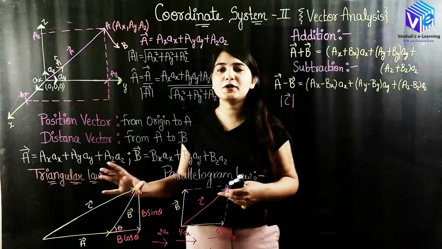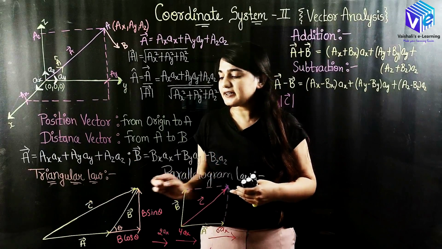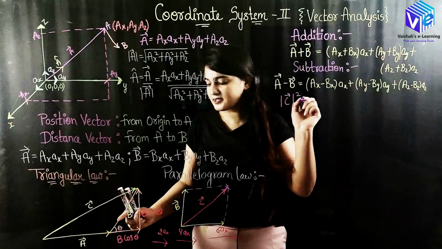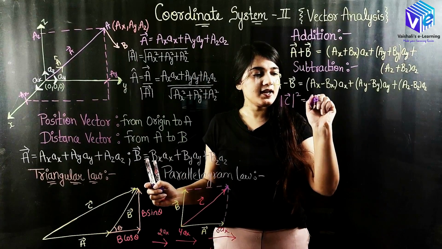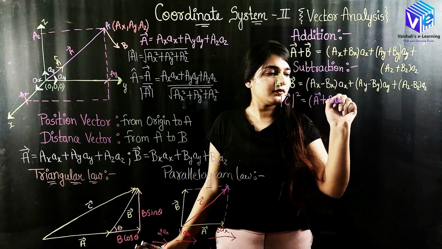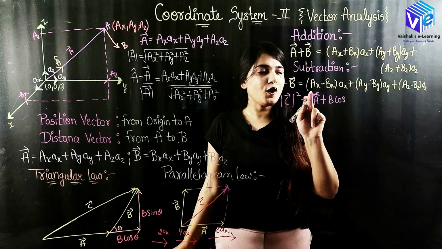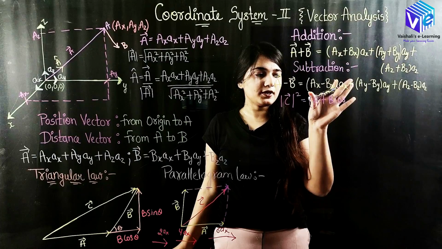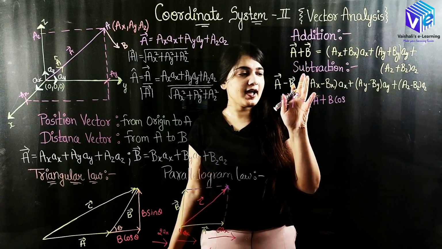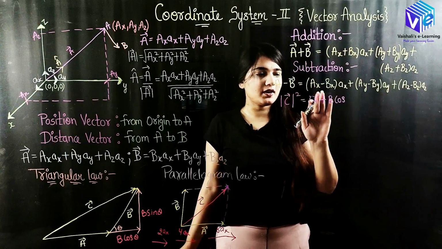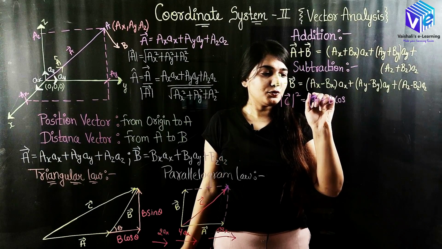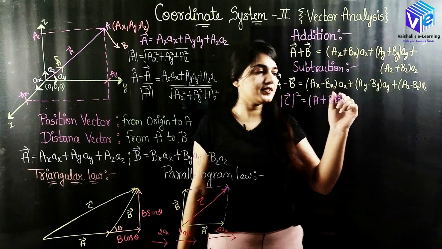Now simply I will be using the Pythagoras theorem. So magnitude of c squared, this is the hypotenuse, this is the base. What is the base? The base is a vector plus b cos theta. Here I will be taking only the magnitudes. If I am talking about a vector, I am talking about just the magnitude of a, because I am just finding the magnitude over here. So don't get confused. This is just the magnitude.